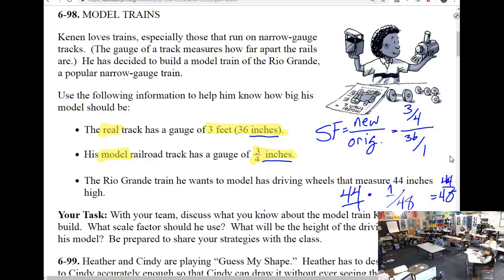I know, my writing, it's not lining up with where I'm actually writing, so I'm sorry. If I divide by 4 to each of them, I get 11/12. So 11/12 of an inch. That wheel's less than an inch. So not quite as mammoth as your 44 inch wheels.